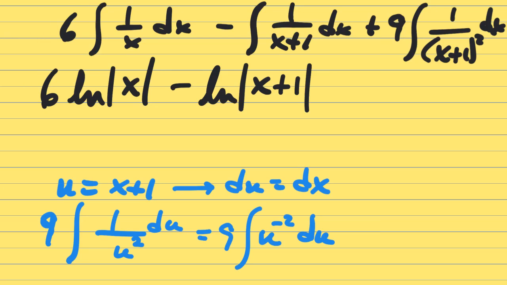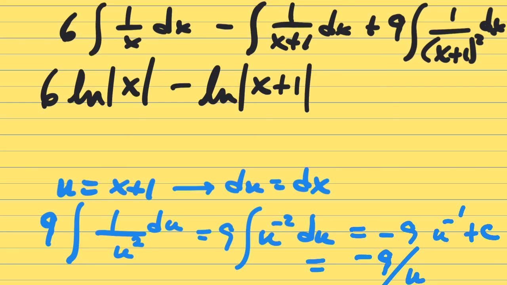Using the antiderivative, add 1 to the power, that's negative 1, divide by the result. That gives us negative 9 u to the negative 1 plus C, which is negative 9 over u to the first plus C. And then finally, when we change u back into x plus 1, we can finish that last integral.